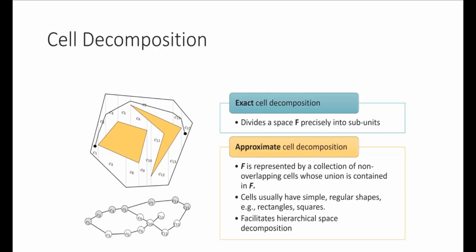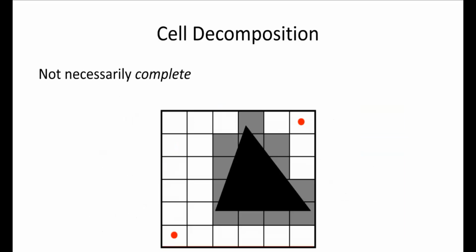So let's take this example. I took my continuous space and I applied a cell decomposition to it. And here I see that there is no solution. I can't get from this red dot up to this red dot. The reason for that is because I just didn't pick the right discretization.